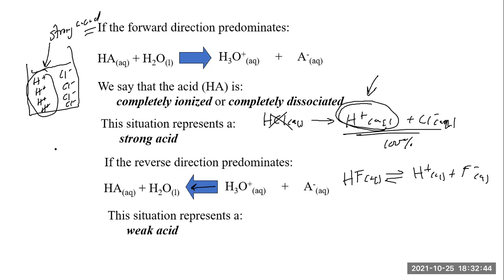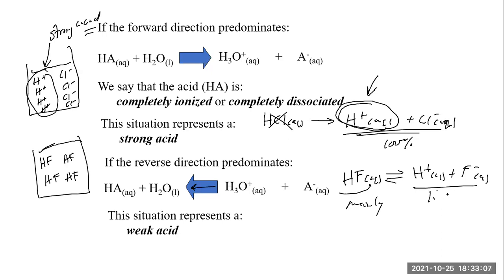One of the major differences here is if you put hydrofluoric acid into a beaker, because it's a weak acid, it's a weak electrolyte, what you mainly have in solution is actually the HF guys floating around. So this is mainly what you have in that solution. You have a little bit of these guys here, a little of these guys. Okay.